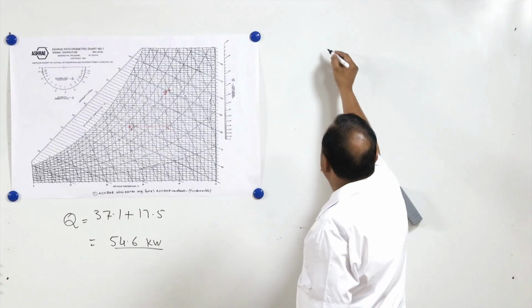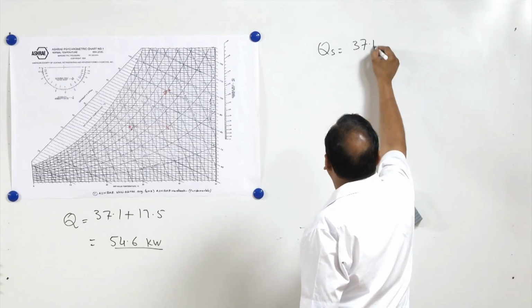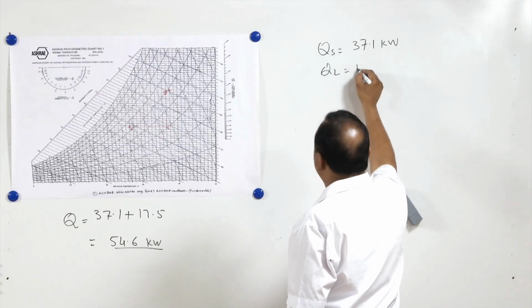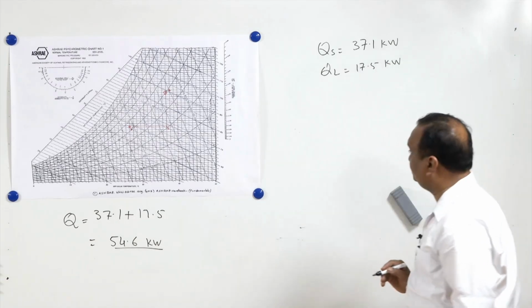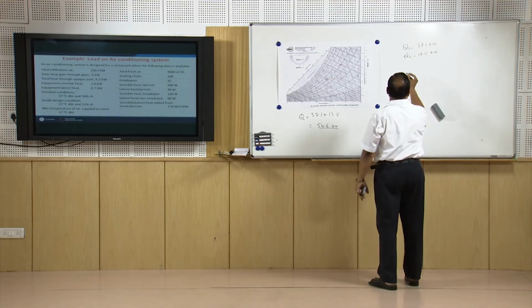So in this case, sensible heat is 37.1 kilowatt and latent heat is 17.5 kilowatt. The next thing we are going to do is find the sensible heat factor.